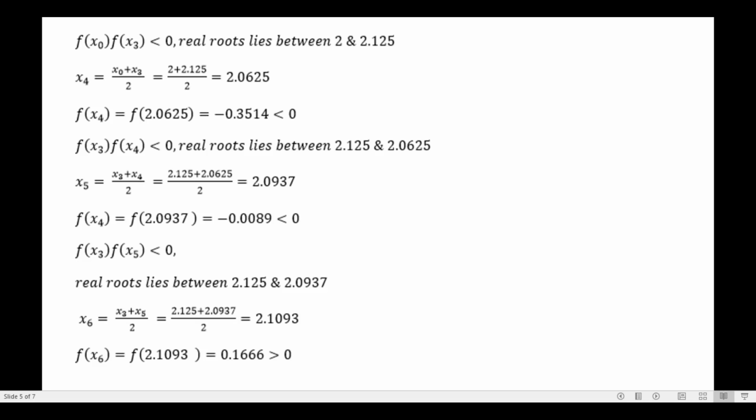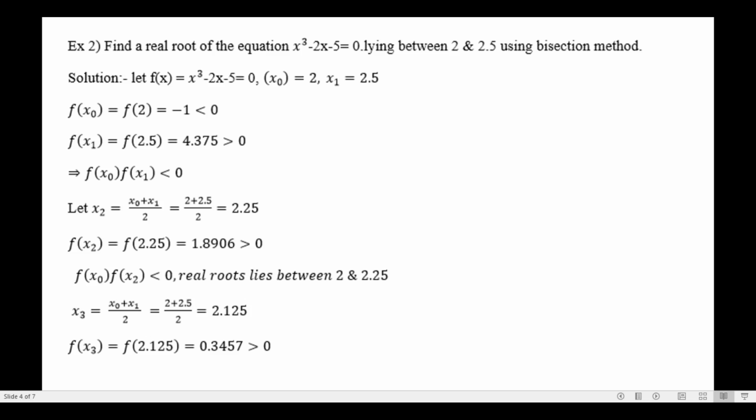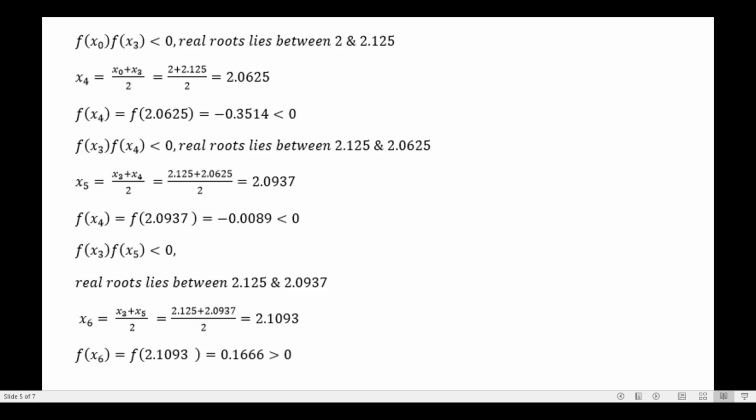That's why in the previous calculations we take the positive quantity, that is f of 2.125. F of 2.125 we got greater than 0, and f of 2.0625 is less than 0. Product becomes less than 0. That's why we say the root lies between 2.125 and 2.0625. So again, the suitable approximation we calculate by taking the average of these two.